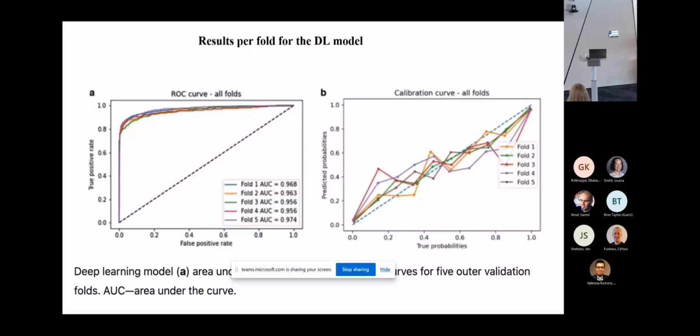To measure the reliability of these models, we also did a calibration curve, and we can see here that each one of the models for the folds was well calibrated.